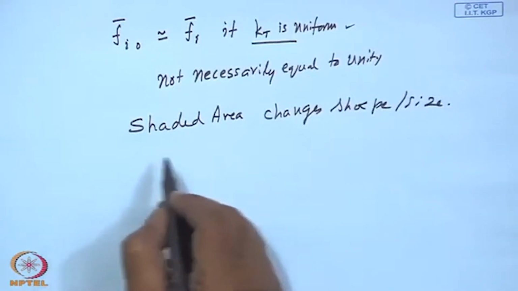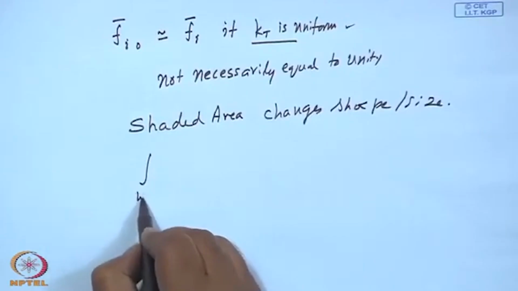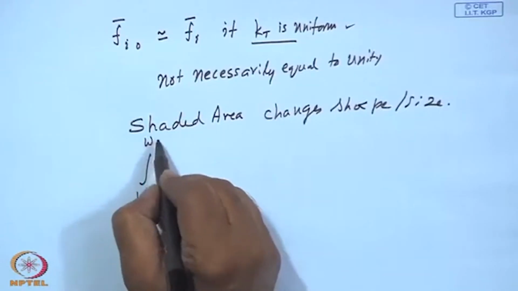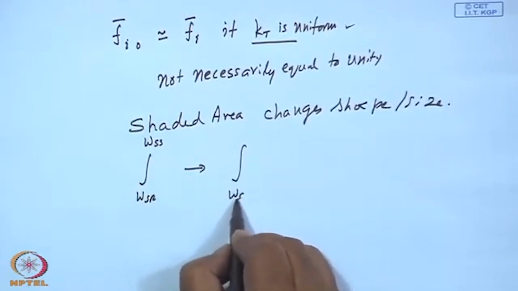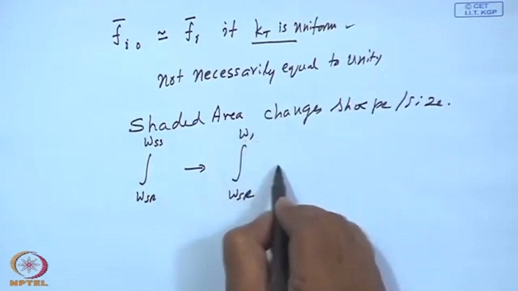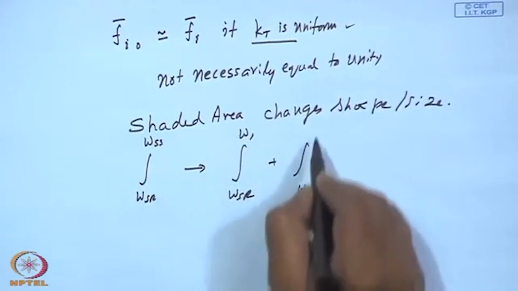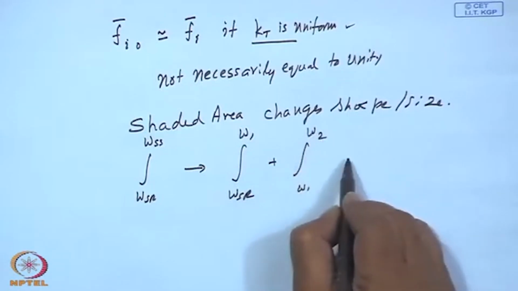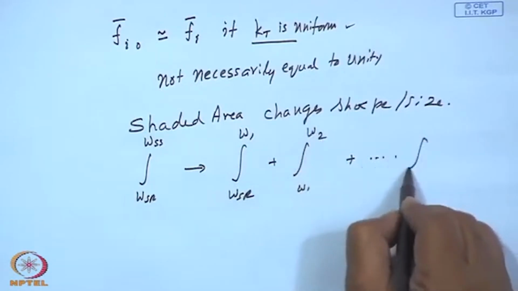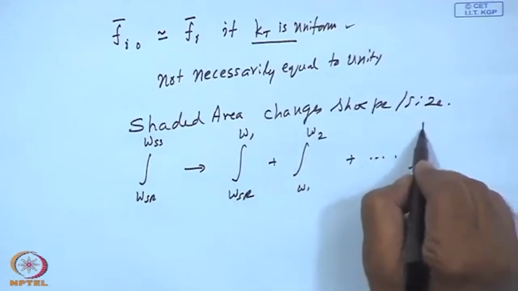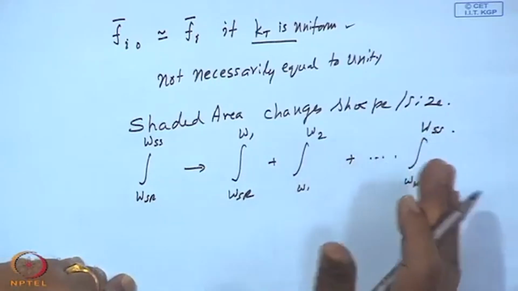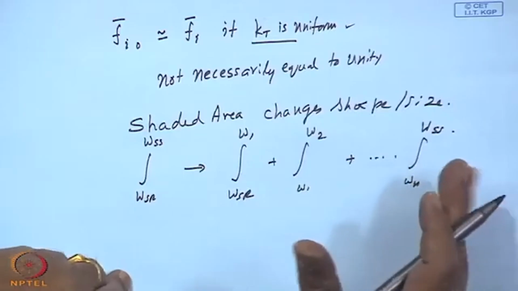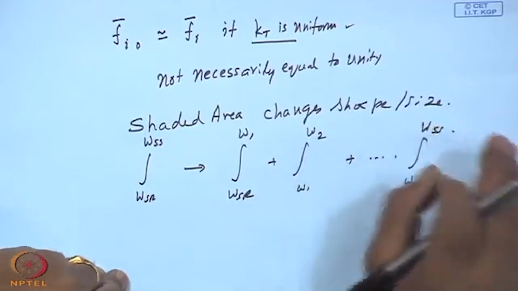So, in other words, this so-called omega SR to omega SS may have to be split up into omega SR to omega 1, plus omega 1 to omega 2, plus ... omega n to omega SS. So it keeps changing from rectangle to trapezium to triangle, the triangle just truncating at the edge of the window and going beyond.